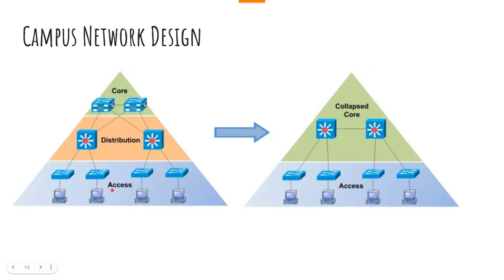For a small organization, a small campus with maybe 4 or 5 buildings, of 5 to 6 floors, a small-sized organization, this collapsed core architecture can be sufficient, which can be decently cost saving, but at the same time give you a similar amount of performance.